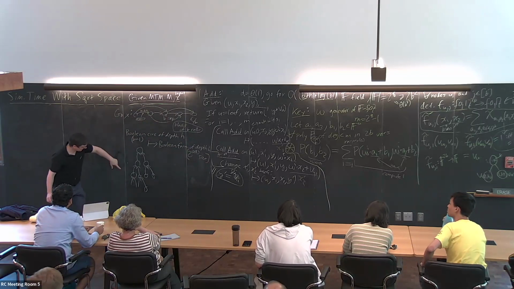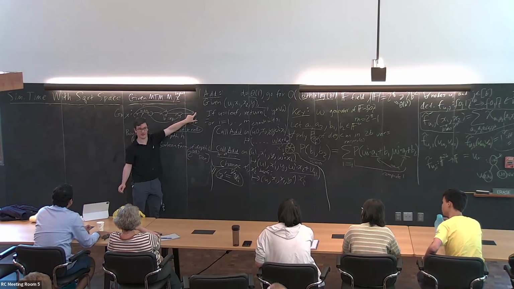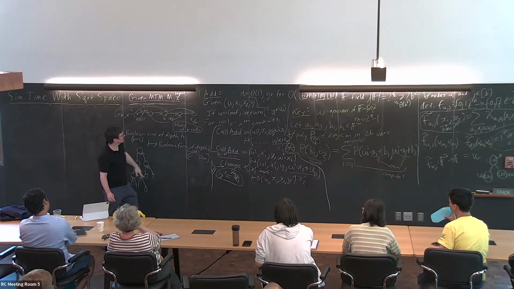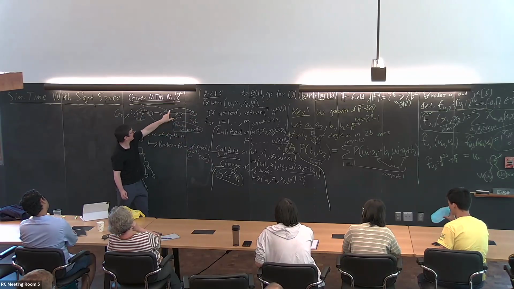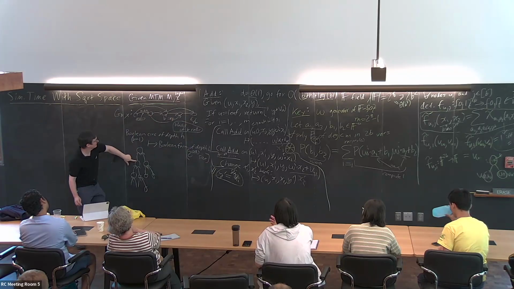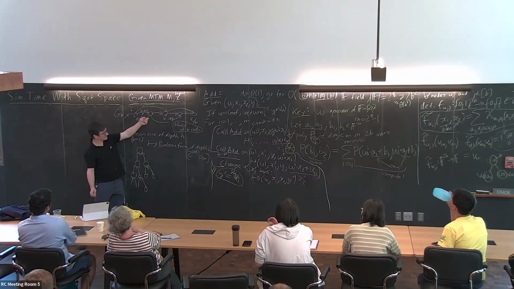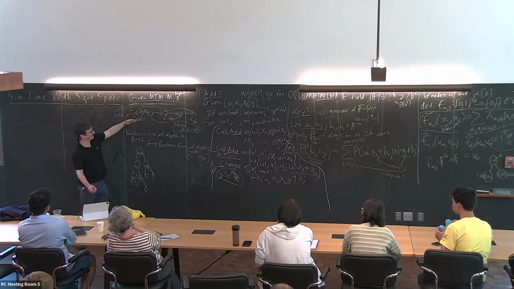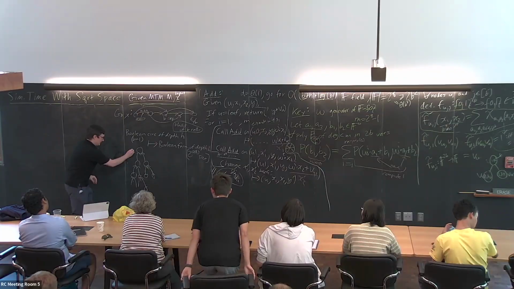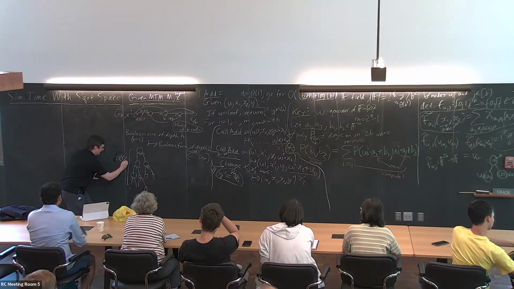I can refer to any node here by specifying a path going backwards to a node. Every node here is uniquely determined by telling you a path, like here and here. Remember it's constant in degree, so that will be a constant number of bits for each node on the path. So this will be order t over b.